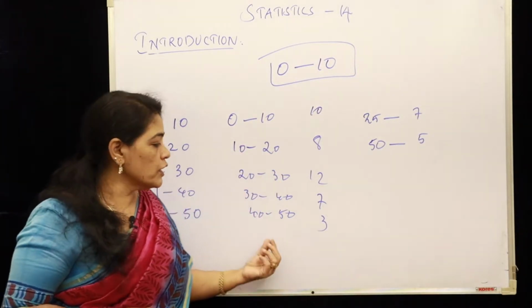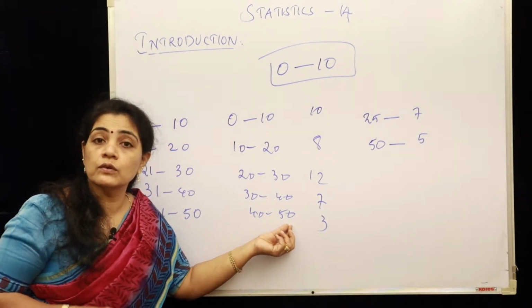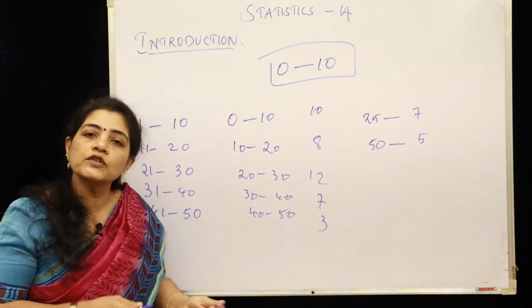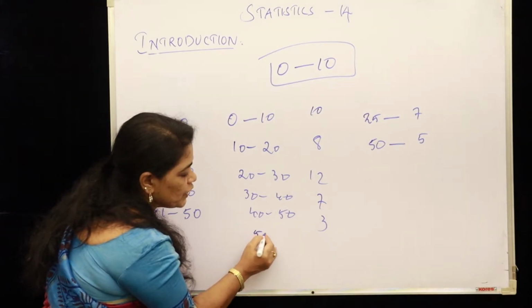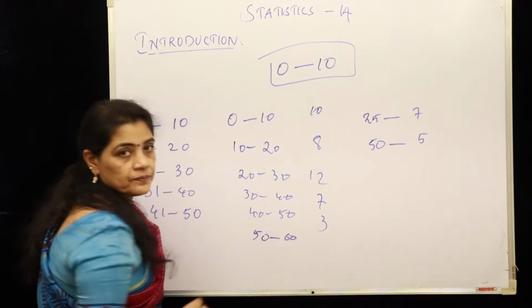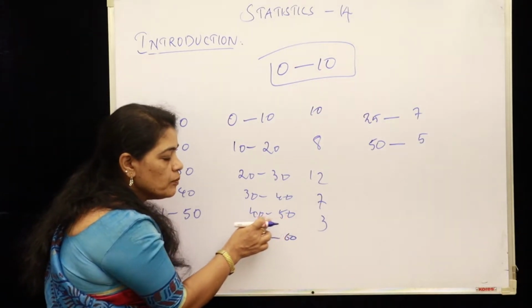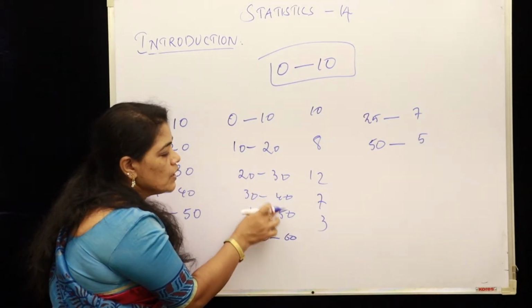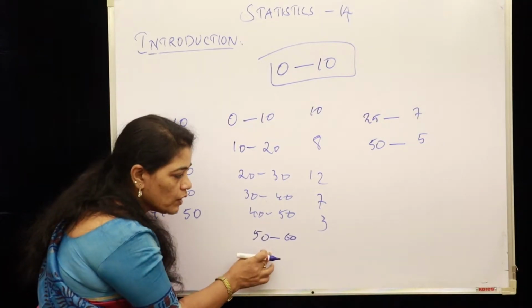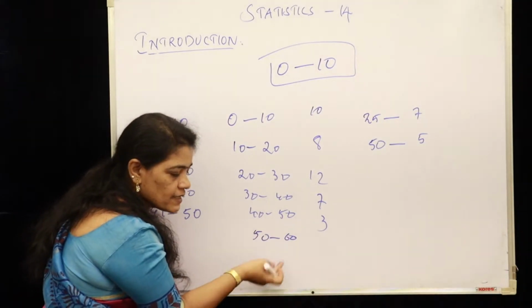In order to include the students who scored 50 marks, you have to create one more class interval, 50 to 60. Understood? Because this 50 does not belong to the fifth class interval; an upper limit falls in the next class interval only.